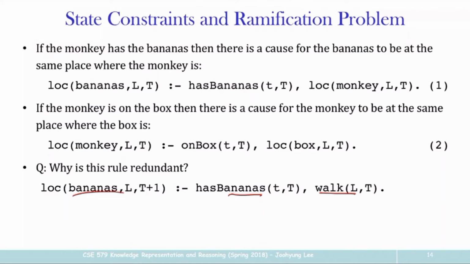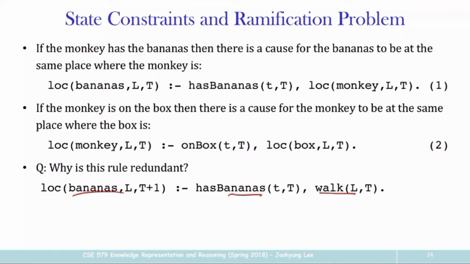Same way here, the ramification problem. If you're saying that everything that belongs to you also moves, that is easy to do. But if you have to describe all of these effects of walking on individual belongings, that seems to be too much.